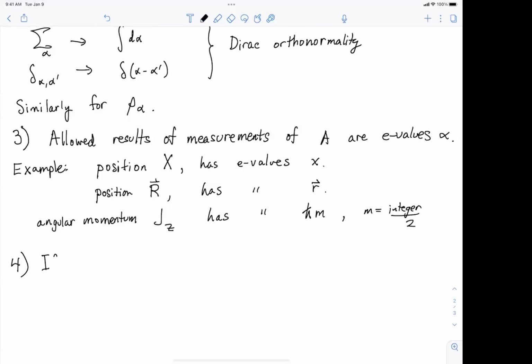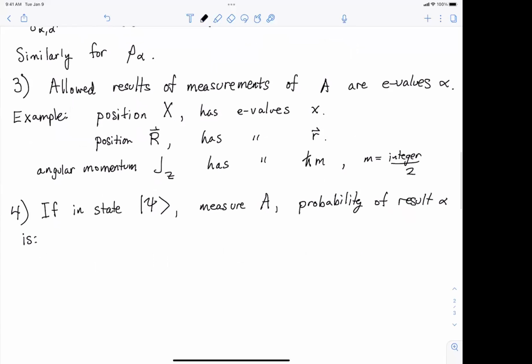So if you're in a state described by a ket psi, and you measure an observable, A, then the probability for each of the possible outcomes, so the result alpha, is, and I'm going to usually use curly P's for probability.